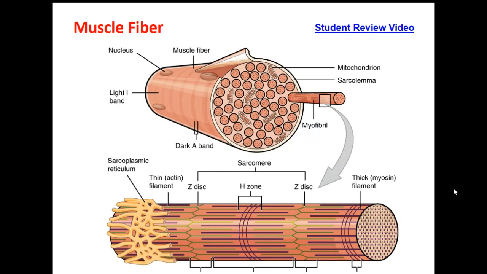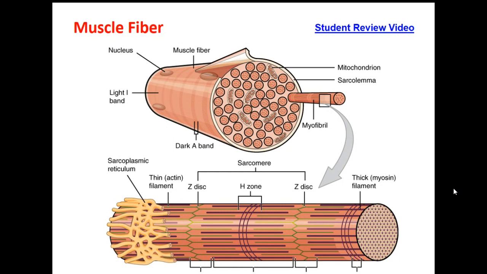And these lines here are protein molecules. The dark, thicker ones are called thick filaments, and they're made up of the protein myosin.